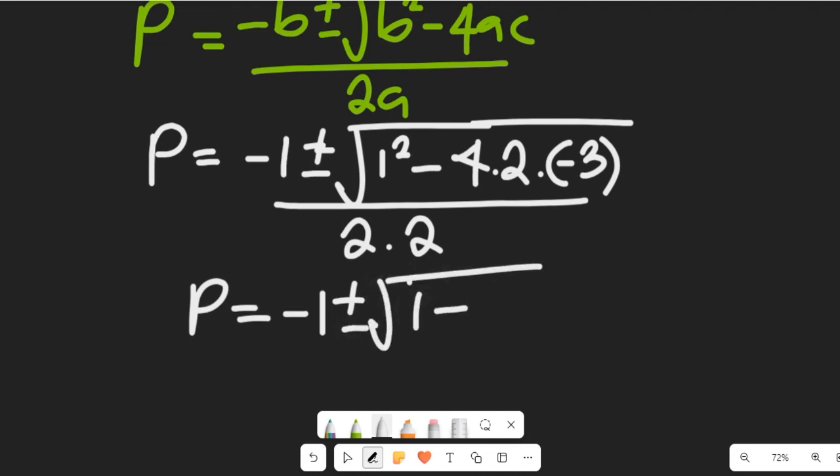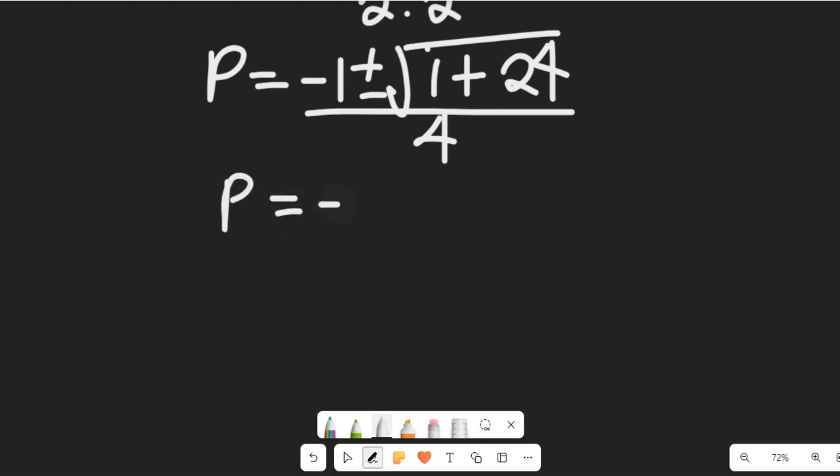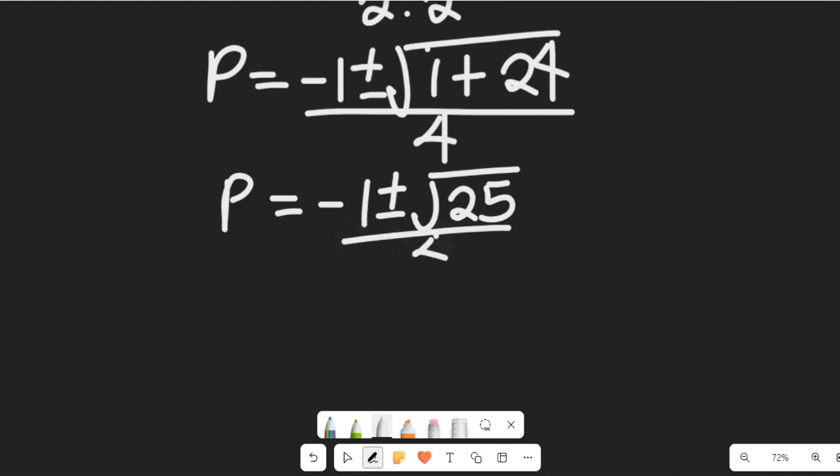So our p will be equal to negative 1 plus or minus the square root of 1 minus 4 times 2 is 8. Why? Negative times negative will give us positive. 8 times 3 is going to give us 24, right? And all this will be divided by 4. Great. Now from this expression, we can see that our p is equal to negative 1 plus or minus the square root of 25, divided by 4.